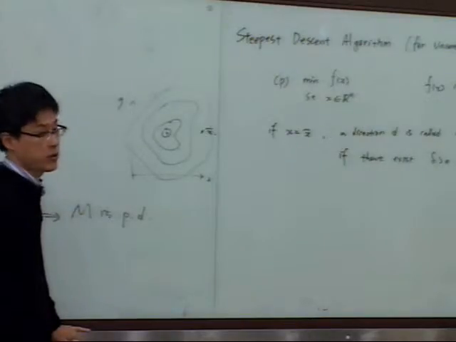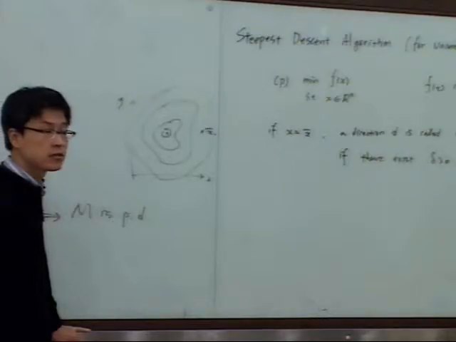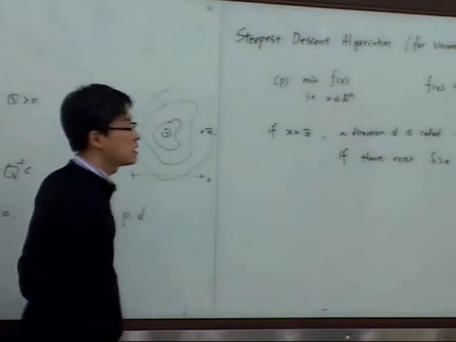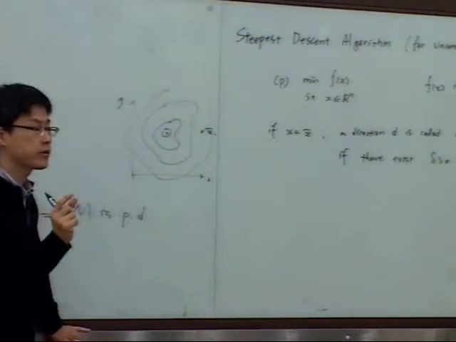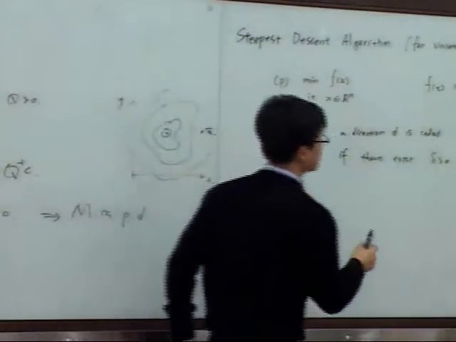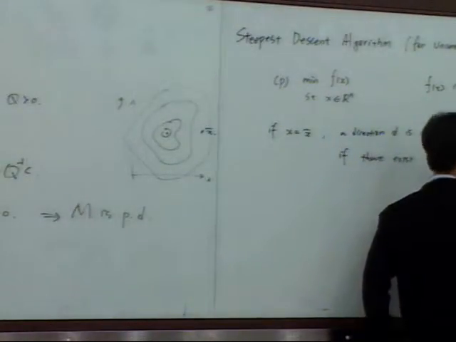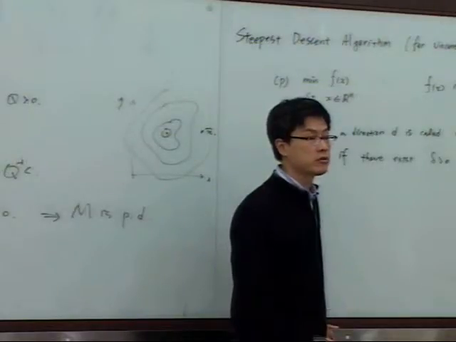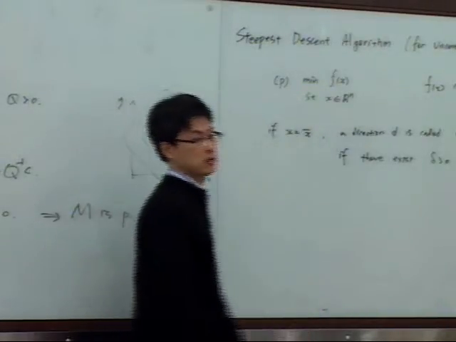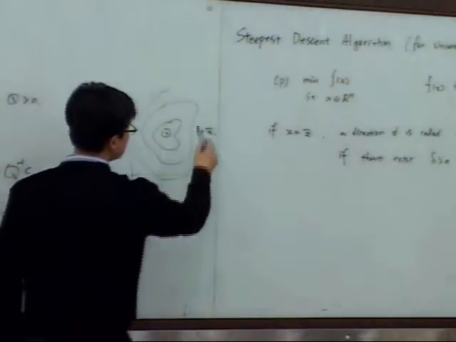But we call d a descent direction if there exists a very small distance delta such that if you follow that direction by a very small amount, then you will get a smaller value than your original position. That's the definition of a descent direction. Okay?